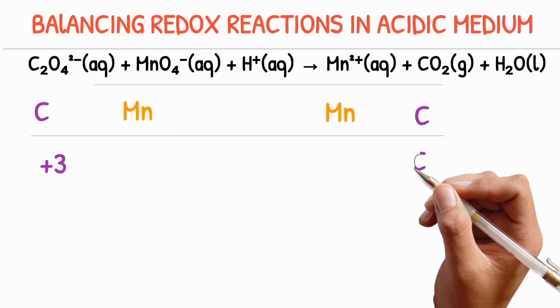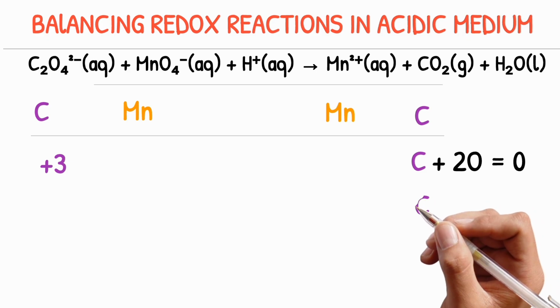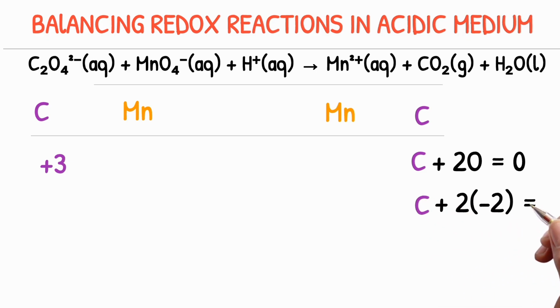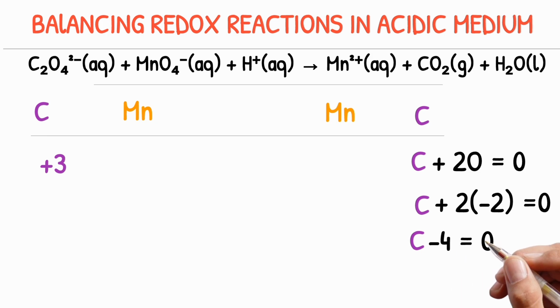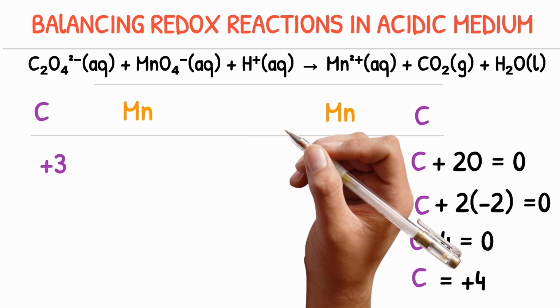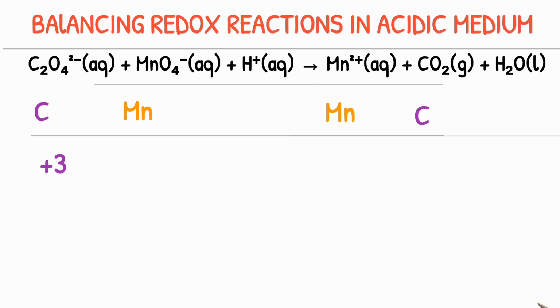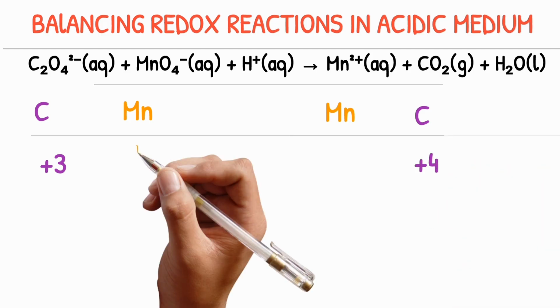And I said the sum of their oxidation number should be equal to 0. Still, oxygen still has an oxidation number of -2. And when we substitute and do the mathematics, carbon is going to give us an oxidation number of +4. We are done with calculating the oxidation number of all the carbons in the compound.